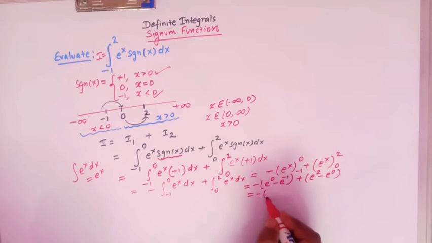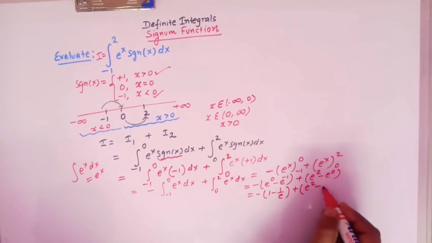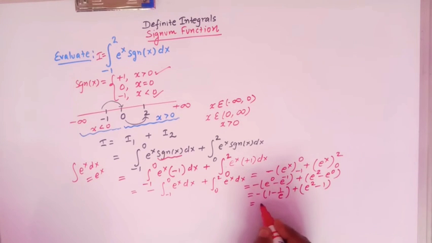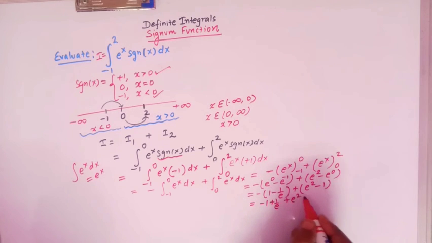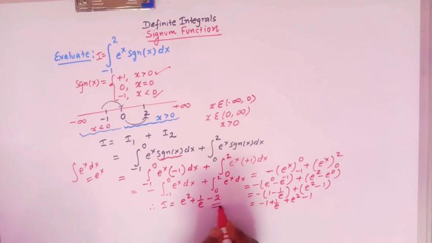Since e raised to 0 is 1 and e raised to -1 is 1 over e, we can write it as minus 1 plus 1 over e plus e square minus 1. Therefore I is equal to e square plus 1 over e minus 2.